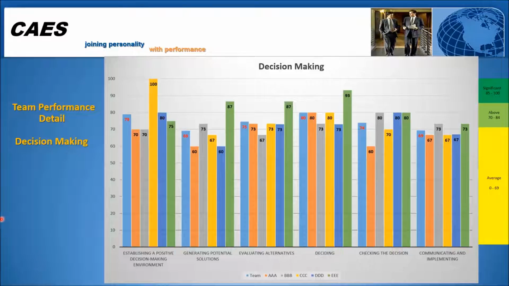In this chart, we're looking at the various components that could be relevant to a solid decision-making process. And you'll probably recall that in a previous section, we looked at decision-making speed. Again, speed of decision-making can be helpful if the decisions made are accurate or effective.